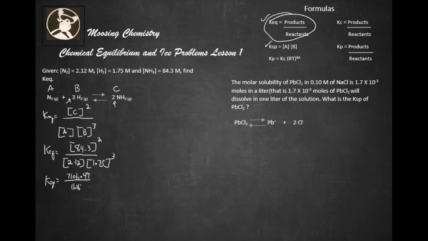There we go. Sorry about that. So my Keq is going to equal, let's see here, I'm going to take my calculator real quickly. 7106.49 divided by 11.362625, and some change.